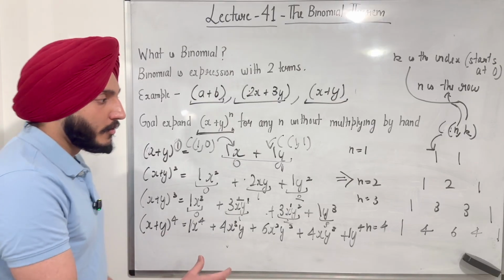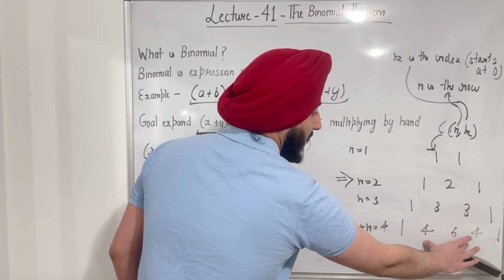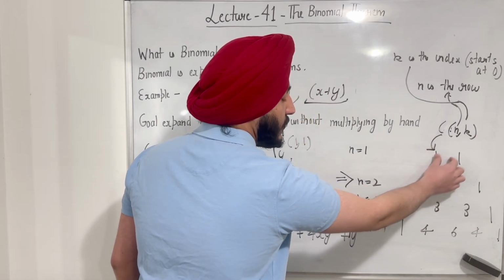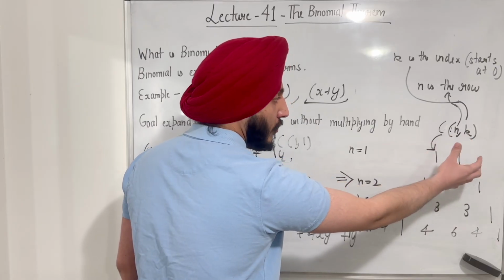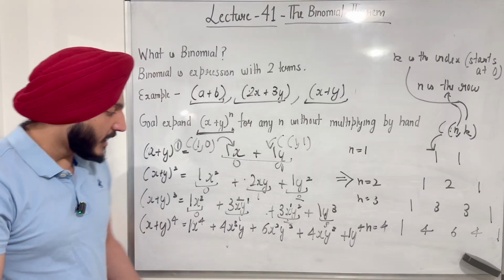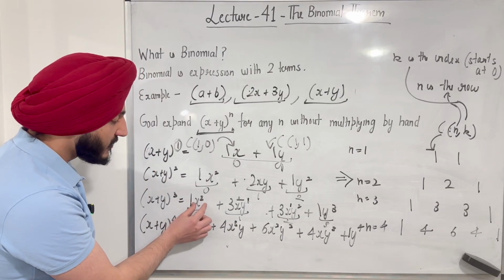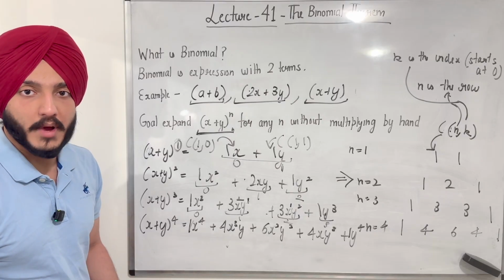So the first pattern I notice is, if I take down the coefficients of these first 4 terms, it gives this pattern C(n, k), where each coefficient is just C(n, k), where n is the row number and k is the index number. The second pattern I notice is that the powers of x and y add up to n.